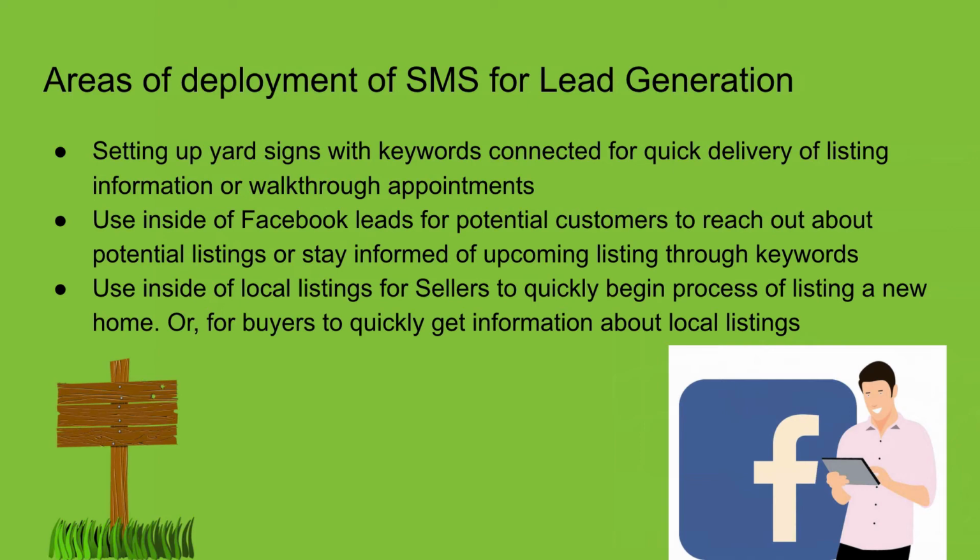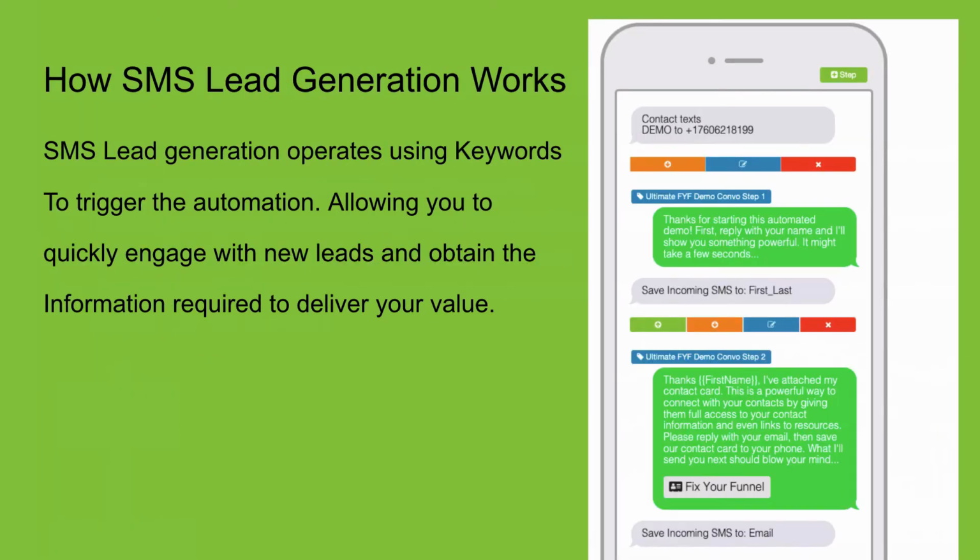And the fantastic thing is I can create different keywords that cater to each of these different tactics. I can have different processes behind each one that reach out in different ways or with different goals in mind. That's the great thing about using SMS: it's versatile. I can do it in different ways and use it across different platforms, social media, everything.